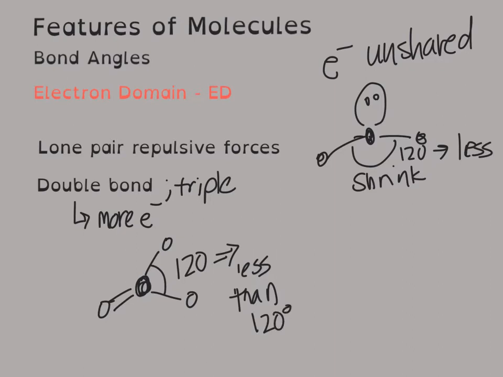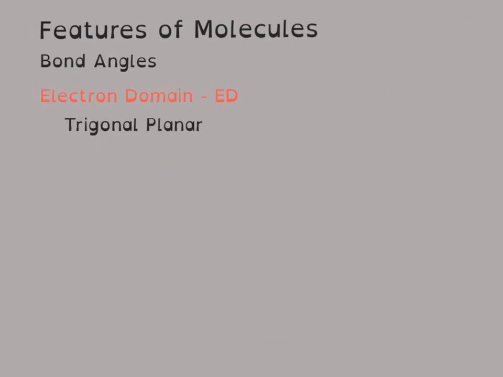You need to be aware that two reasons that bond angles would be less than what we expect are the lone pairs and the double bonds. So whenever you have lone pairs and double bonds or triple bonds in a molecule, you'll need to consider what the bond angle becomes.